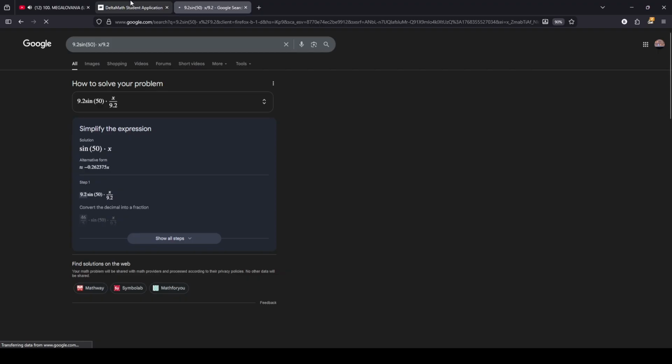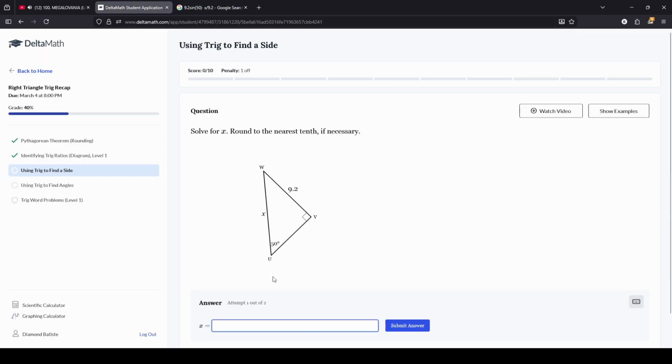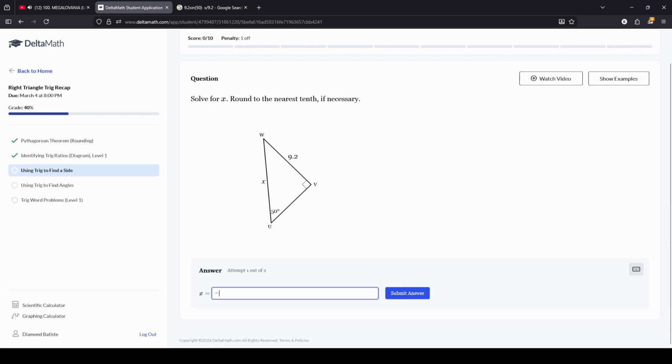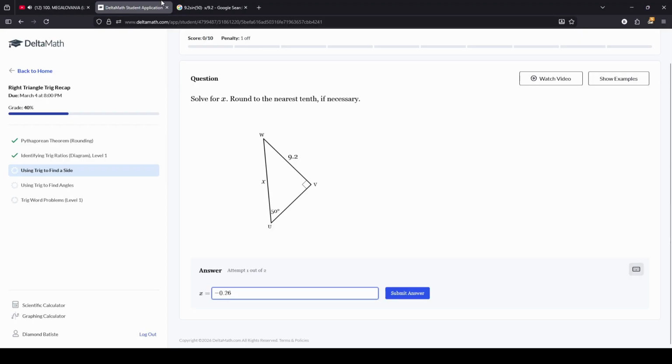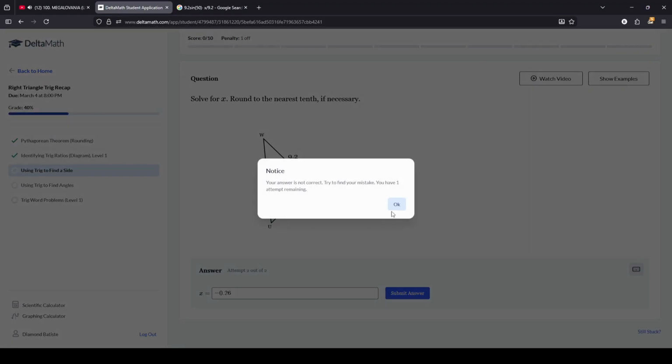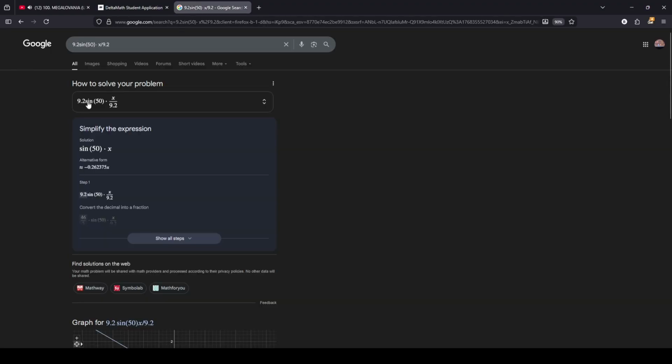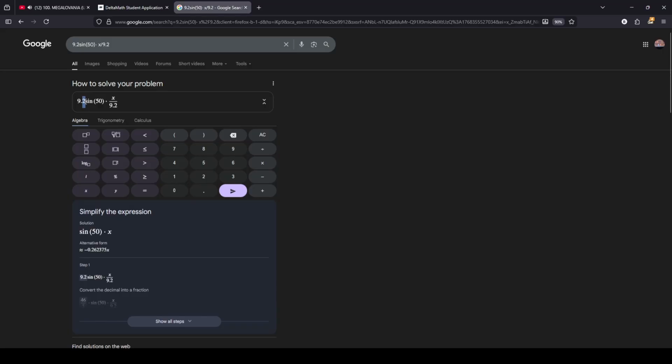Moment of truth, 0.26. For a second, I was gonna be like, whoa, that actually worked. I was gonna be extremely surprised, mind you. And there was no other way to do this.